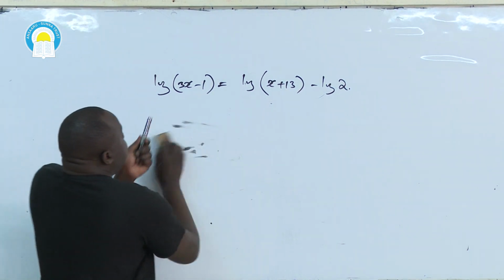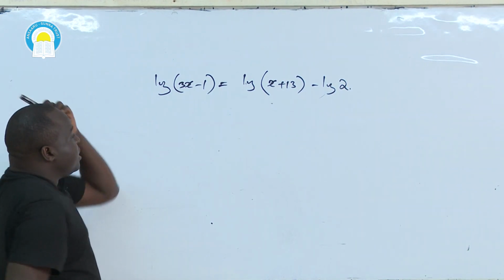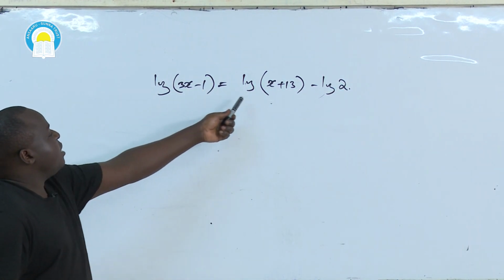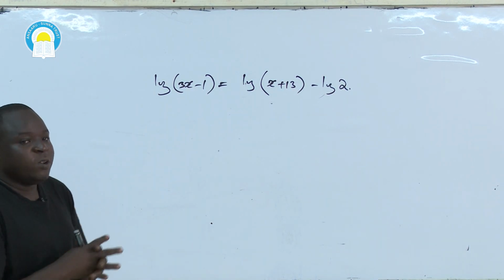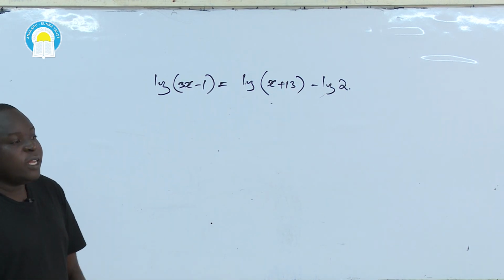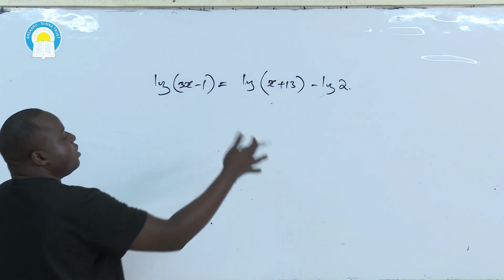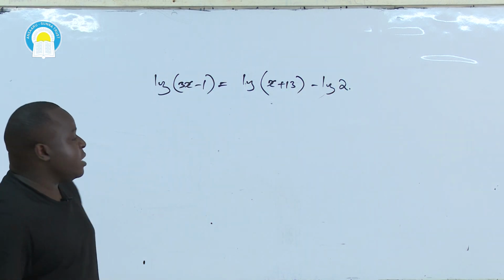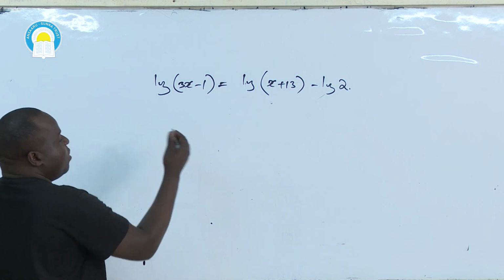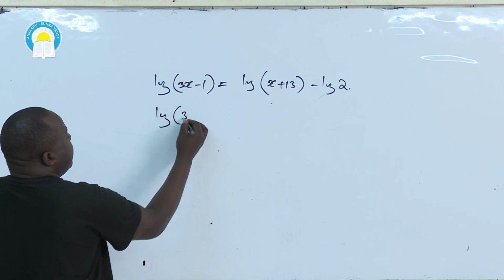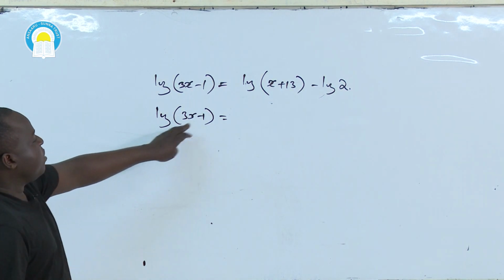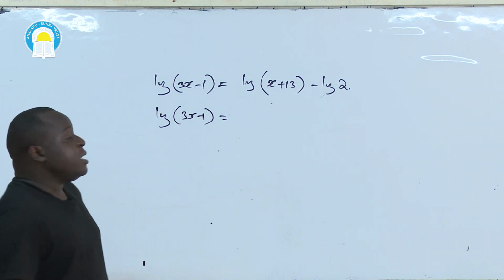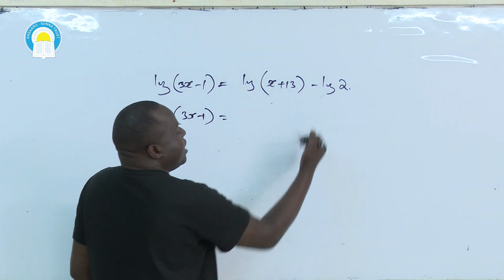So for this question, I don't have coefficients, I have logs everywhere. The question is ready to be done. Now just follow the other laws of logs that I explained. On the left, there is only one value, so I'll still write log(3x minus 1). On the right, there are two logs separated by a negative.